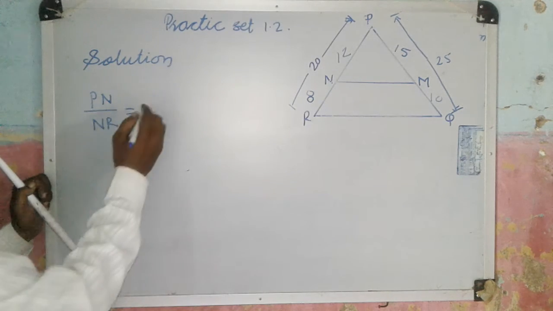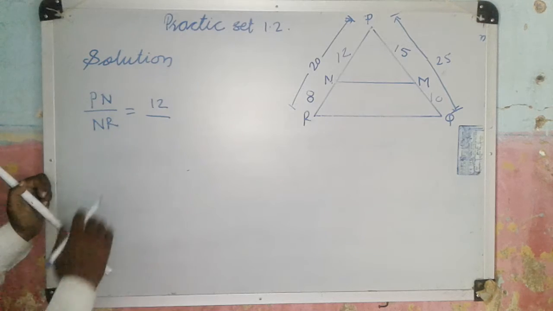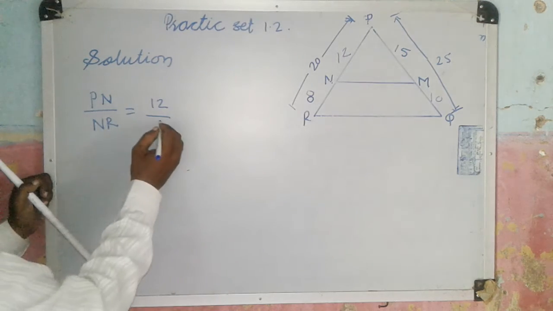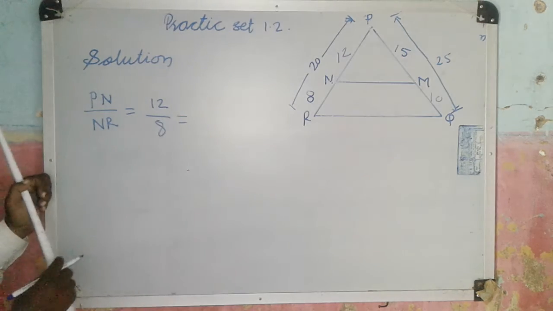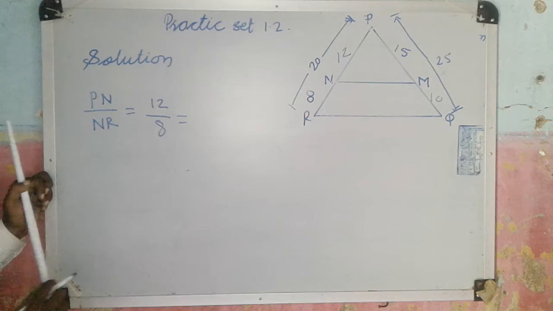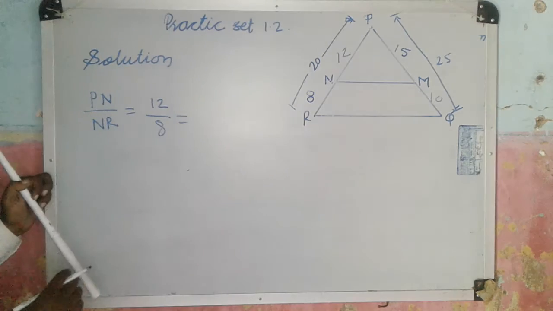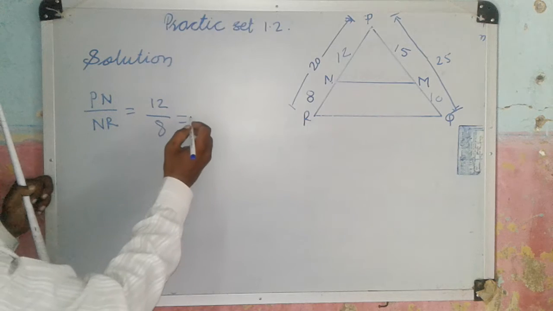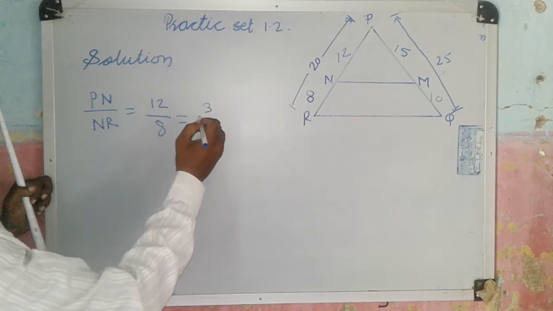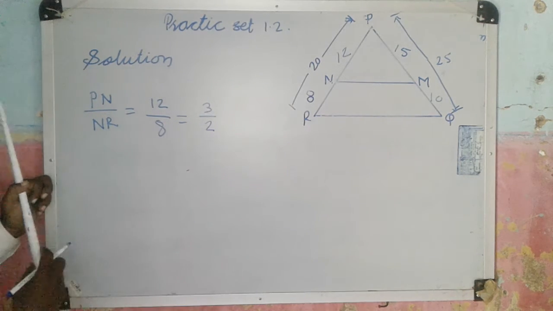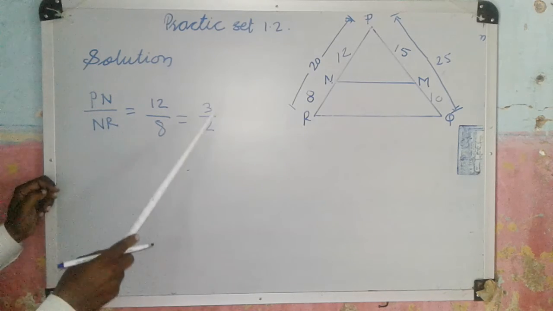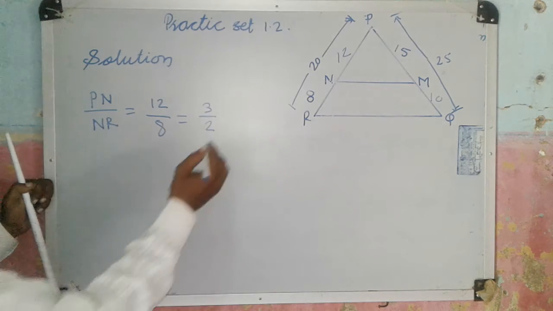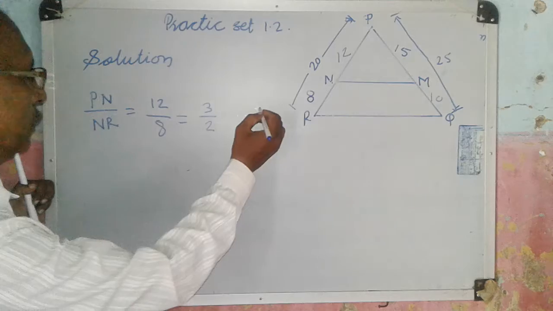PN is 12 and NR is 8. So, if you reduce this ratio to the simple form, 4 3s are 12, 4 2s are 8. So this ratio is equal to 3 upon 2. So this is statement 1.